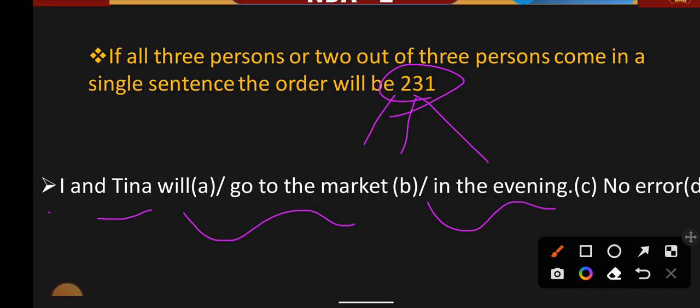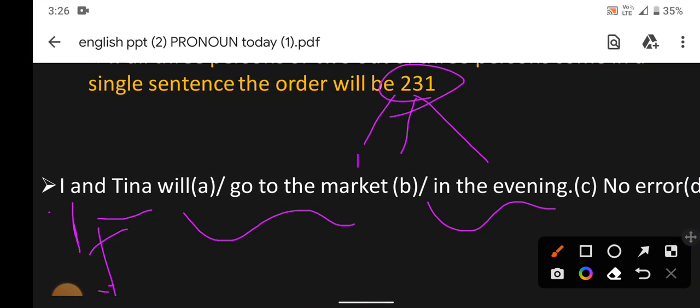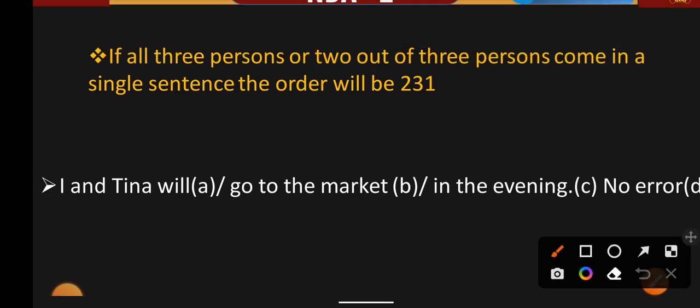But in the sentence, I is a first person. What I am saying, I is a first person and Tina is a third person. Then, according to the rule of common courtesy, which pattern can be followed? Third and after that first.